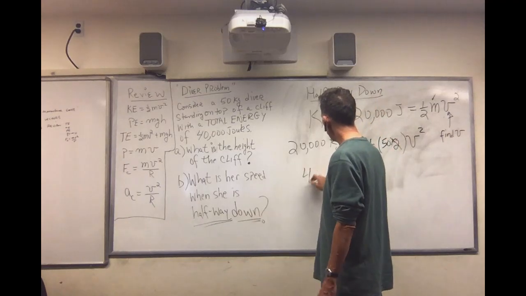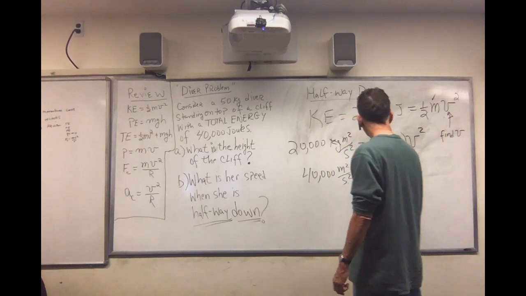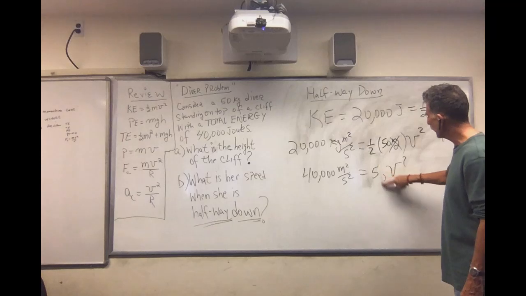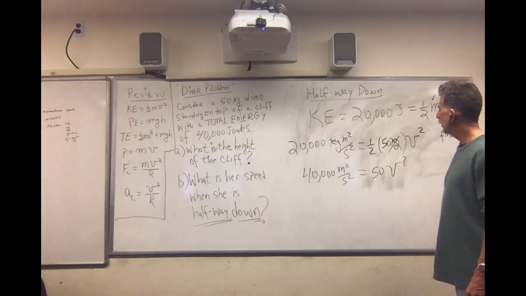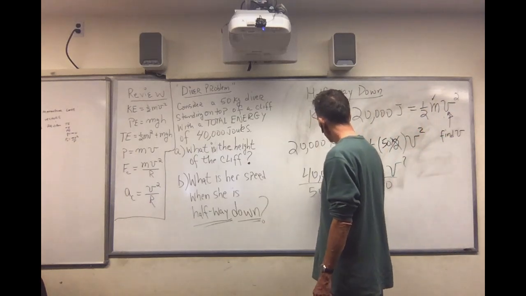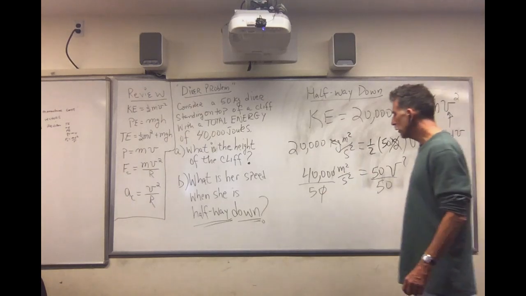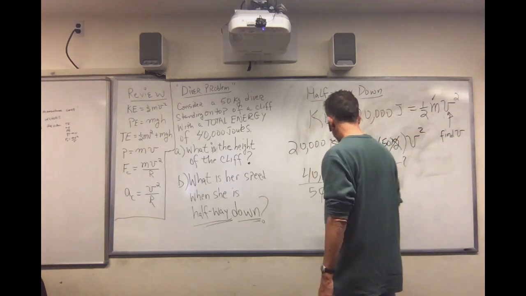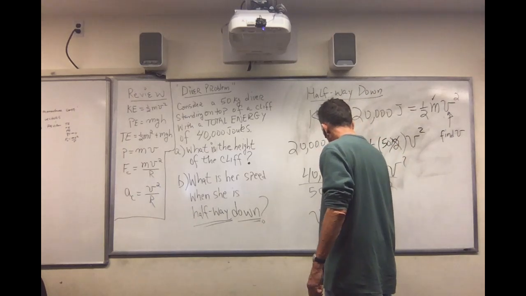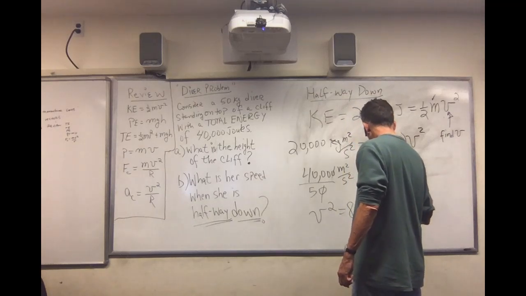I have 40,000 meters squared per second squared is equal to 50 v squared. Now divide by 50 on both sides. I'm trying to go slow. Take away a 0. 5 into 4,000 is 800. Take out the 50. So v squared is equal to 800 meters squared per second squared.